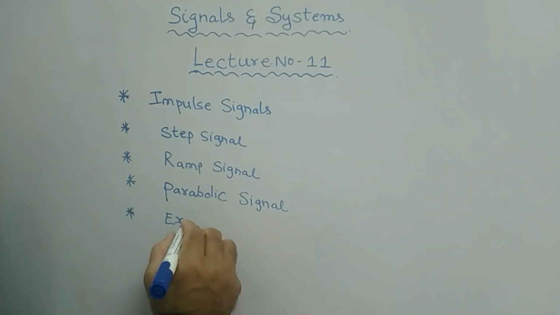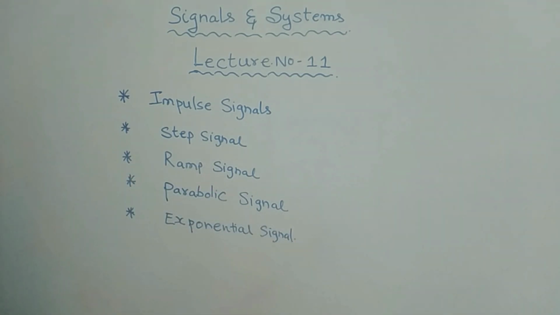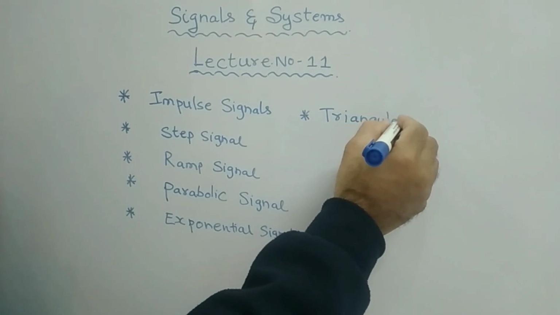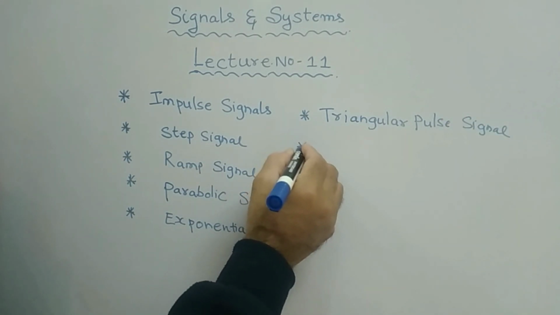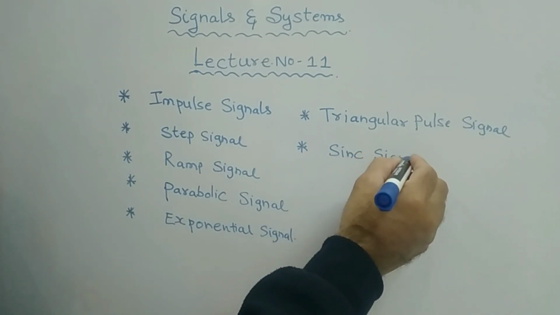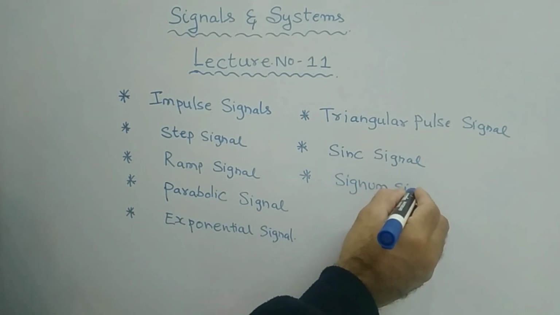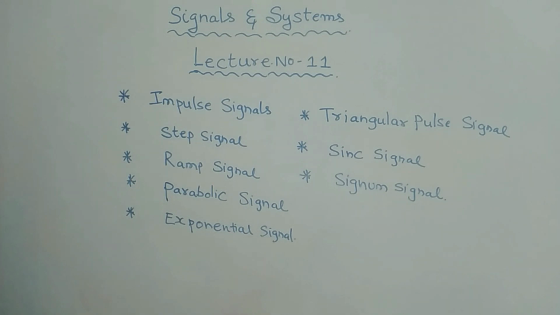Then you will have the triangular pulse signal, and then the sinc signal, and then the signum signal. These are the basic signals you will have under these types of elementary test signals.